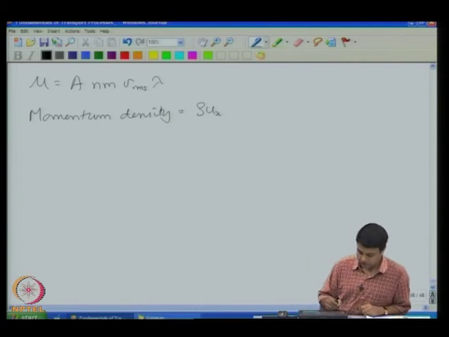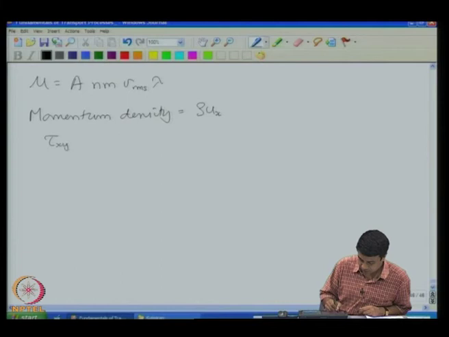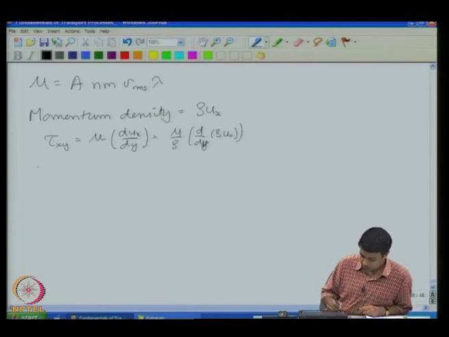Therefore, my earlier equation, mu into dux by dy, can also be written as mu by rho into d by dy of rho ux, the momentum density, where mu by rho is equal to nu, the kinematic viscosity.